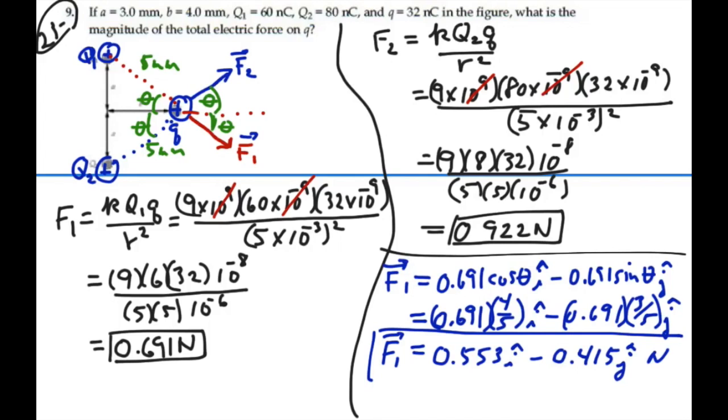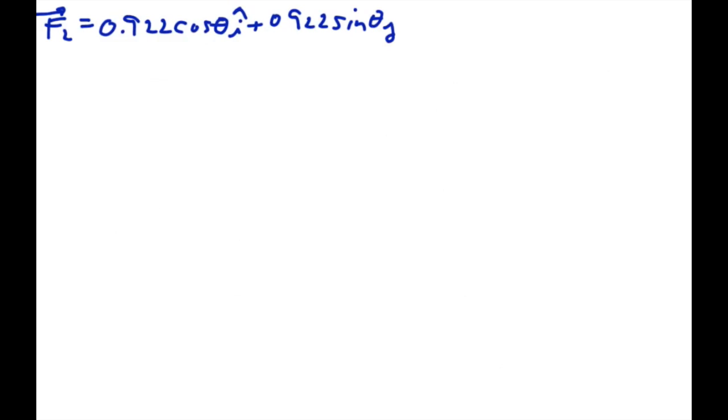We're going to need another screen for this problem. Our F2 as a vector is going to equal 0.922 cosine theta i plus 0.922 sine theta j, because they're both positive components.